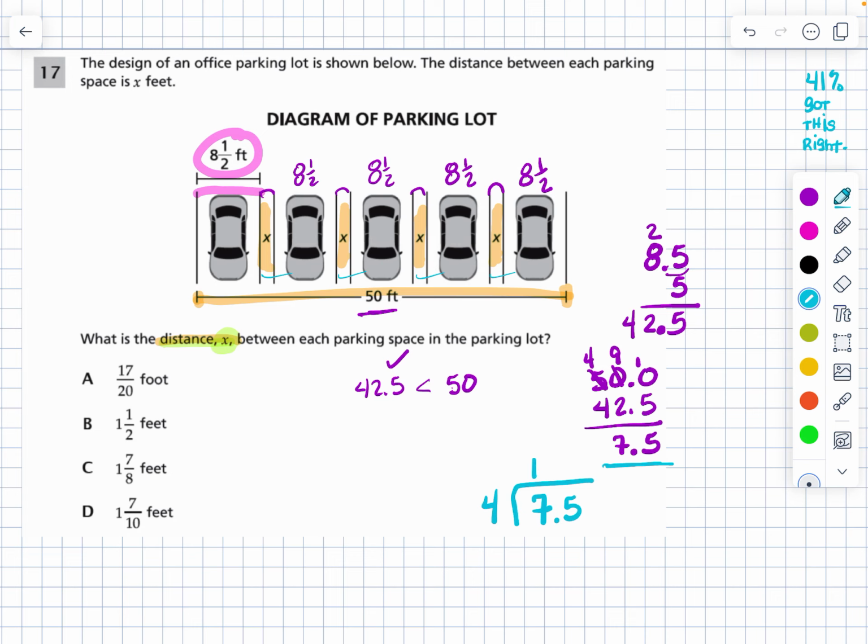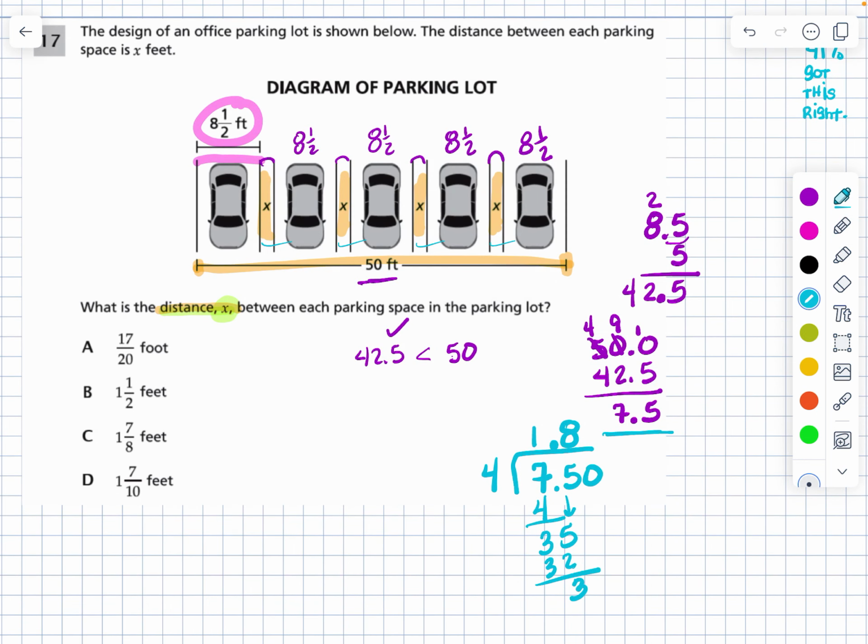So 4 goes into 7 one time, and we're left with 3 there. Bring down the 5. Bring up the decimal there. 4 goes into 35. Let's see, 4 times 8 is 32. 4 times 9 is 36, so that'd be too big. So 4 times 8 is 32, and 5 minus 2 is 3.